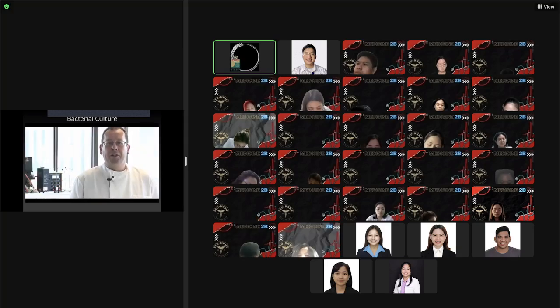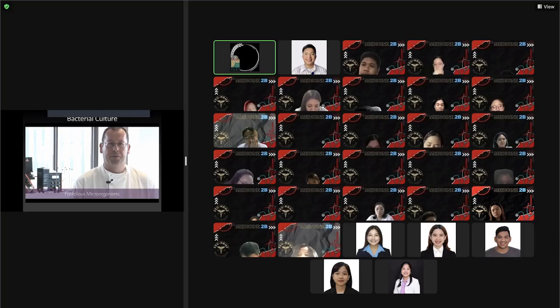So we need to match the nutritional requirements of any bacteria or fungi we are interested in and provide these in the media. Now, some microorganisms can utilize a large range of nutrients and will grow very easily in the laboratory, while others have more exacting nutritional requirements and are more difficult to grow. These are known as fastidious microorganisms.